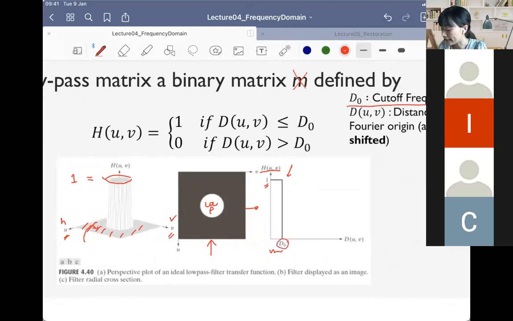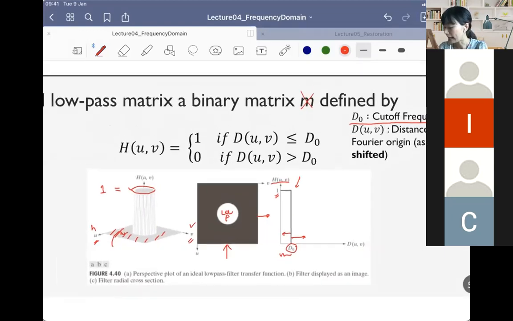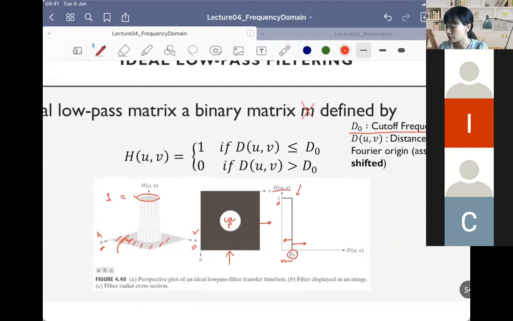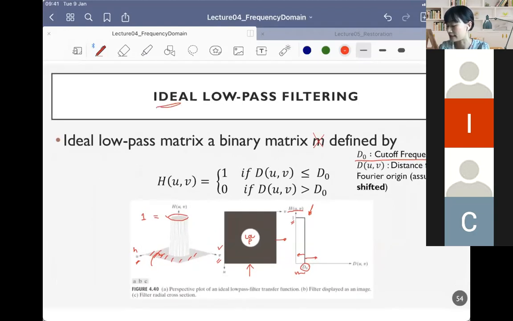You can expand or decrease the cutoff frequency as you wish. And we will apply it on an image for low pass filtering. It's called ideal because it changes from 1 to 0 at the particular cutoff frequency. That's why it's called an ideal low pass filter.